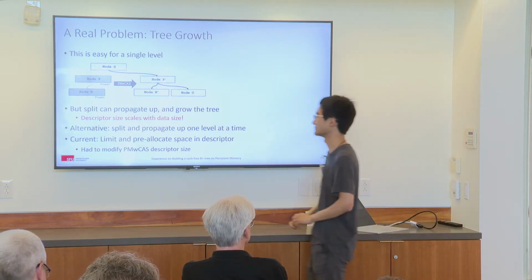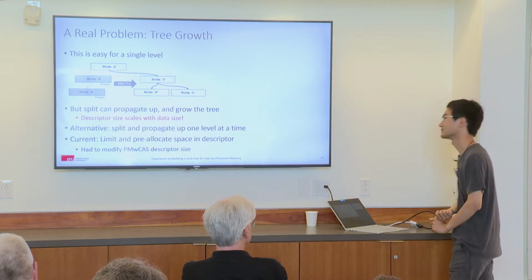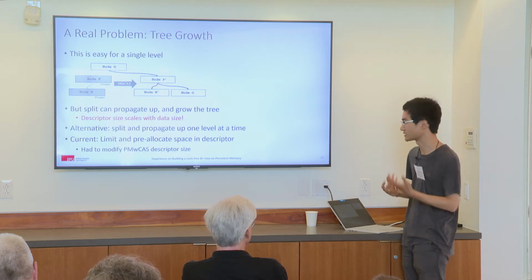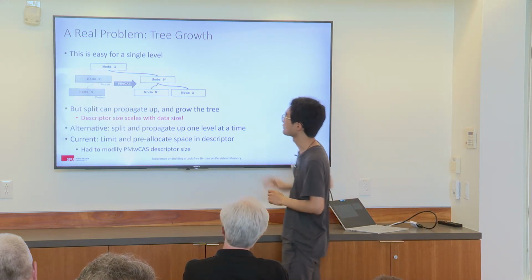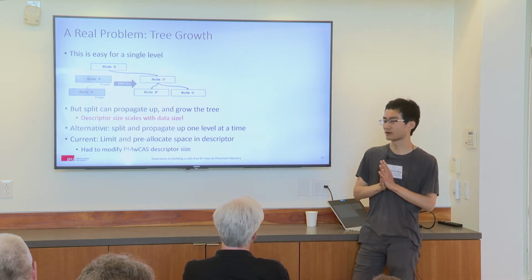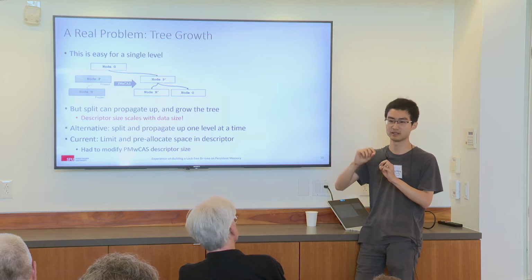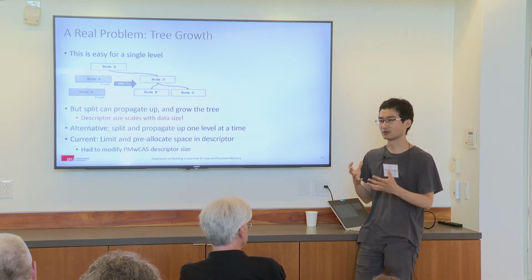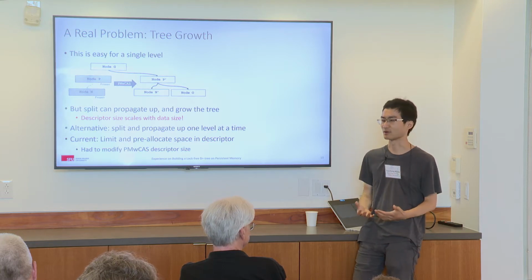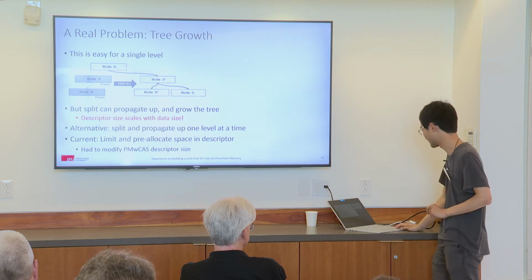Just in order to do this, we actually introduced a macro in the code so that at compile time you can customize it. Another alternative, I don't think I have it here, is you can make the descriptor variable size, right? So you can specify how many fields I want and so on. But in that sense, your descriptor management code now becomes itself an allocator, right? So there's a trade-off over there.